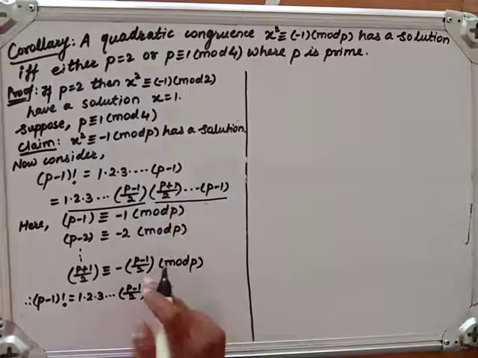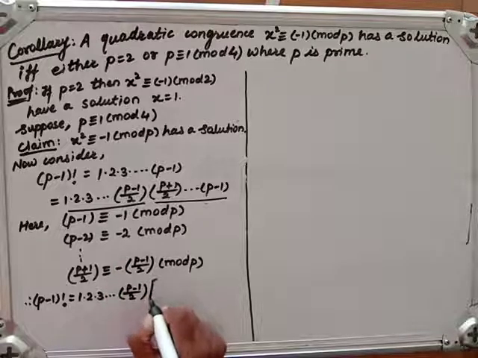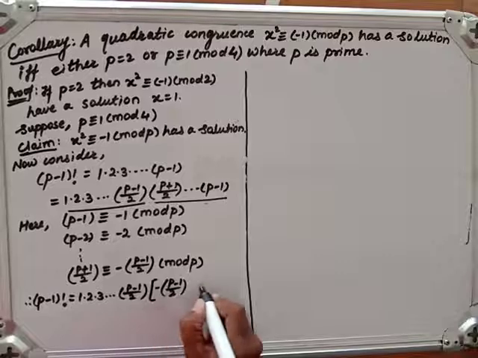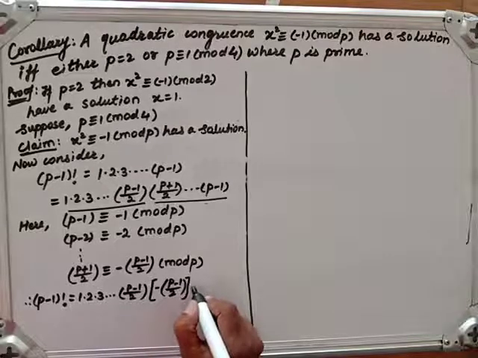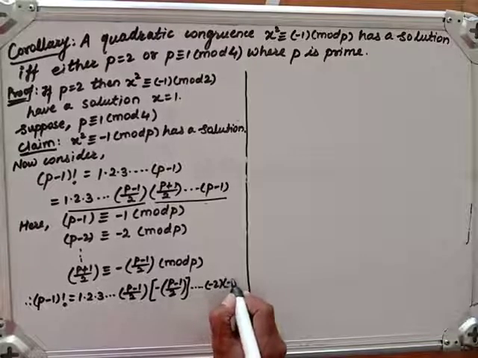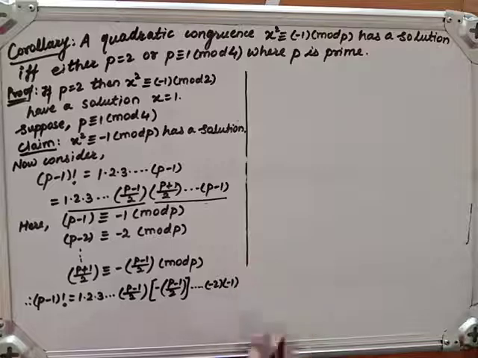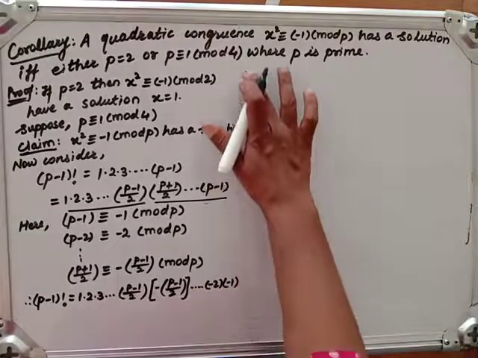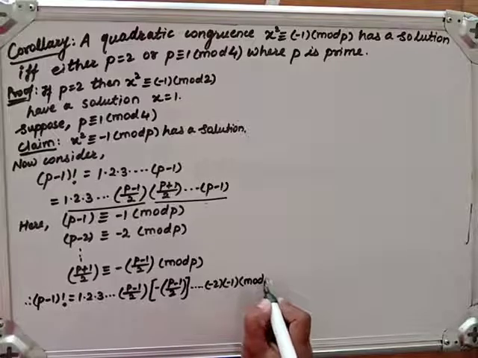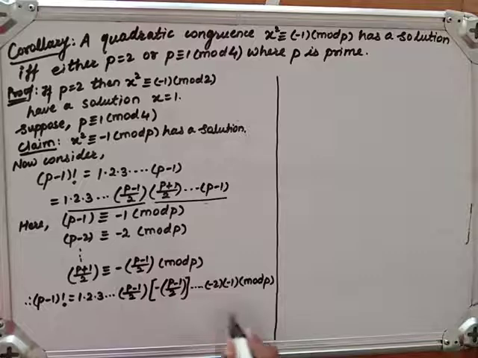This (p plus 1) by 2 will be replaced by this, which is minus of (p minus 1) by 2, up to here minus 2 and here minus 1. As such we will get this. Obviously this will hold when modulo p is there.